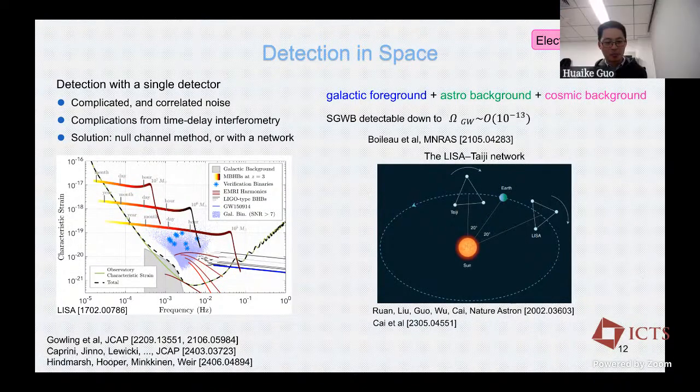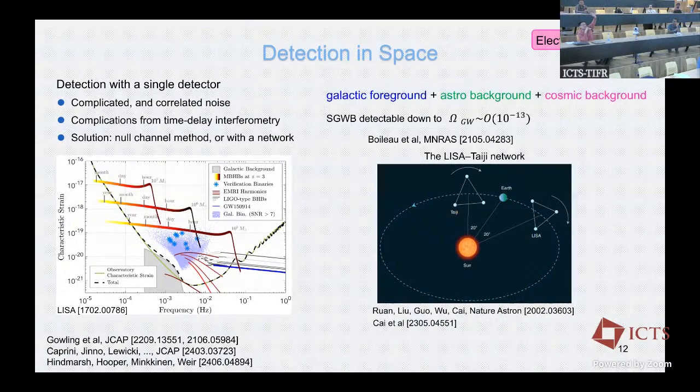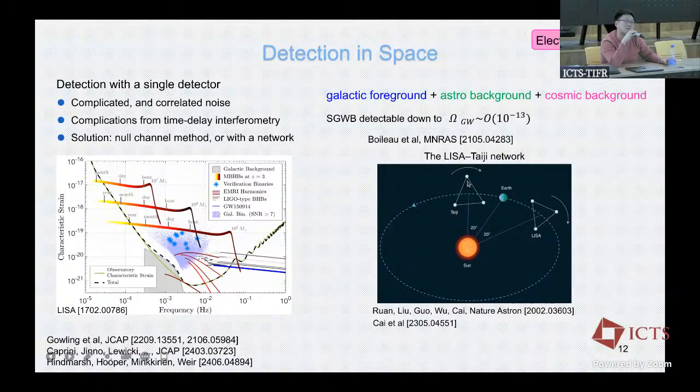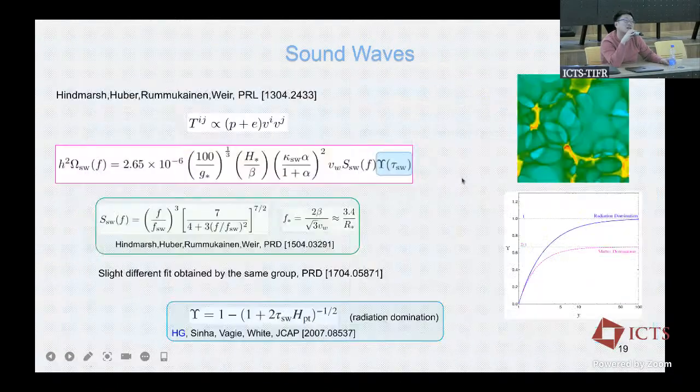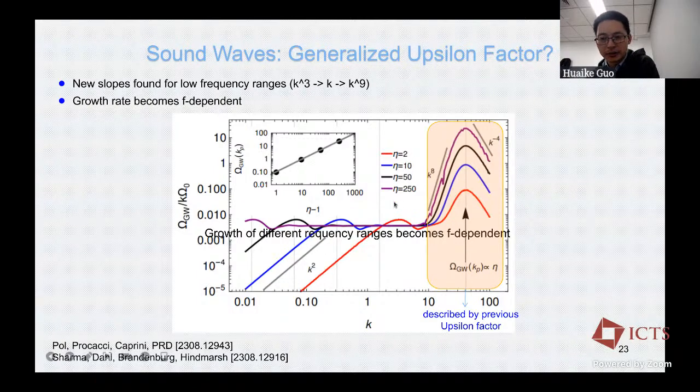Sorry, another question. In the slide 2023, the spectrum looked flat. Could you explain why this looks flat?